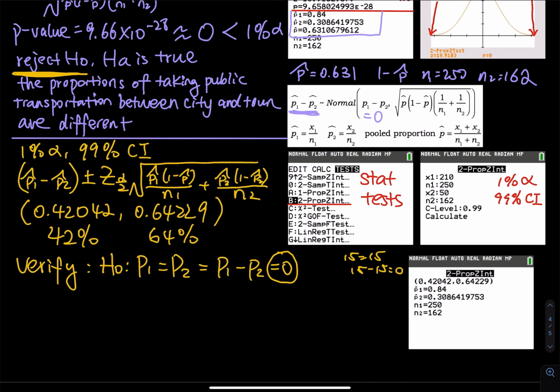Is 0 between them? No, right? So that means the statement is not true. So that means H naught is not true. So you reject H naught. See, we just rejected H naught using the confidence interval. So there are two ways to reject H naught. The first way is using a p-value, which is what everybody does. And the second way is using a confidence interval.